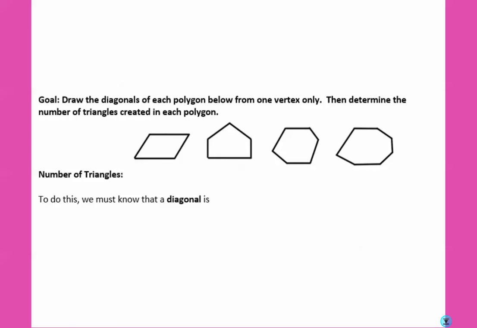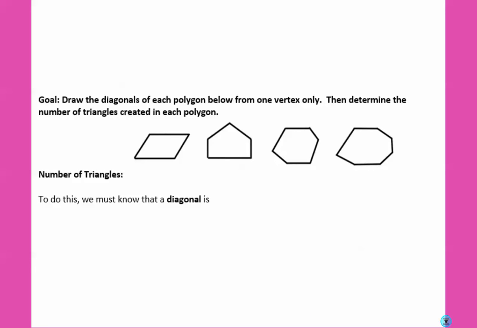Next, we want to draw the diagonals of each polygon below from one vertex only. Then determine the number of triangles created in each polygon. To do this, we must know what a diagonal is.